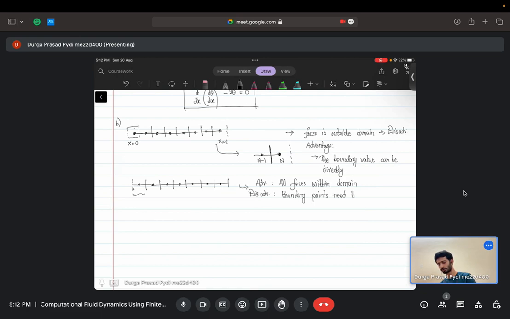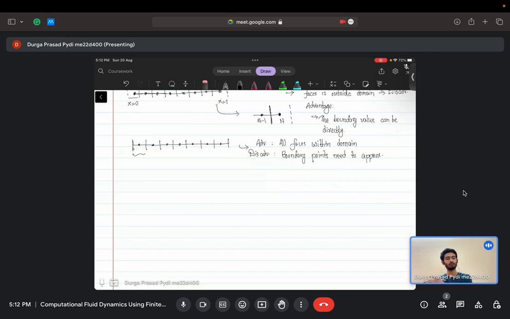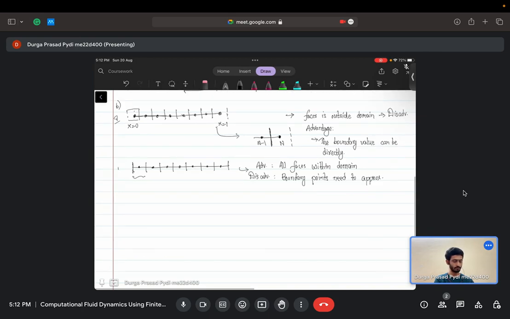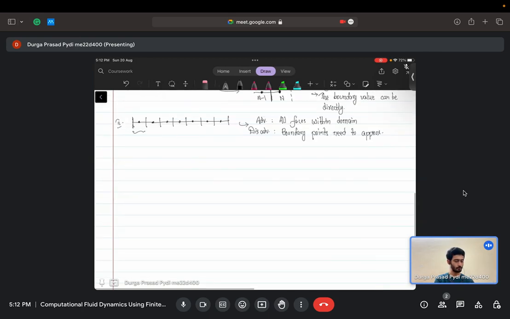This will induce some error in the calculation of the boundary values. So you have to decide which one. In our particular case, we have Dirichlet on one end and Neumann on the other end. So I'll call this approach 1 and this approach 2, and I am going with approach 2.